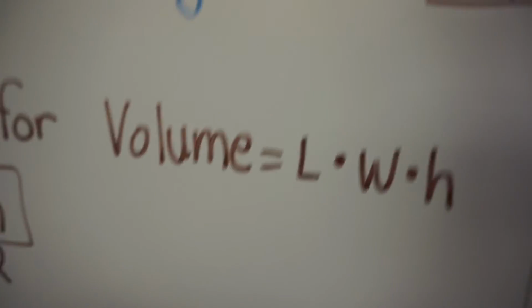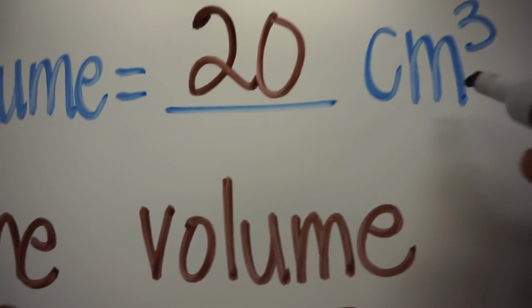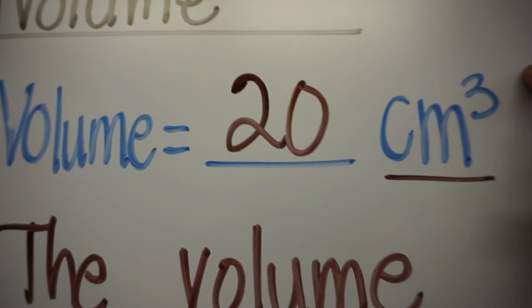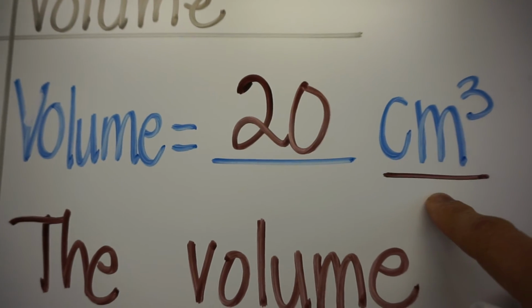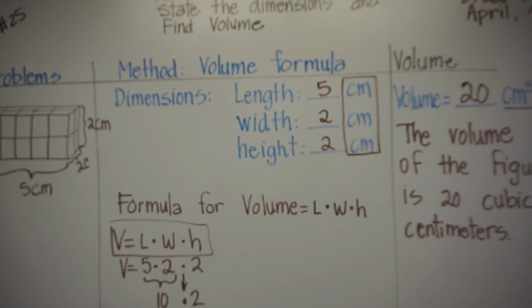And we also decided that because you have three measurements, your answer should have a 3. So it will be cubic centimeters in this case. It can be cubic yards, cubic meters. You decide.